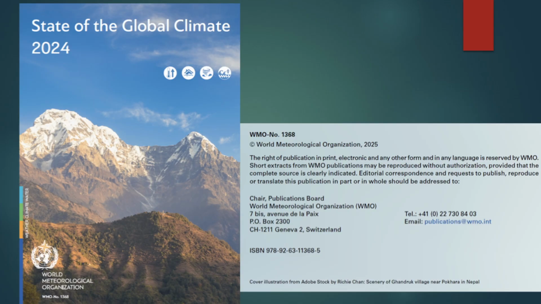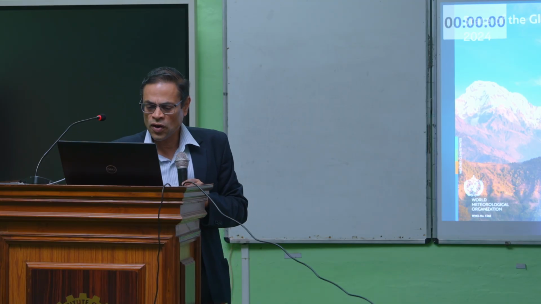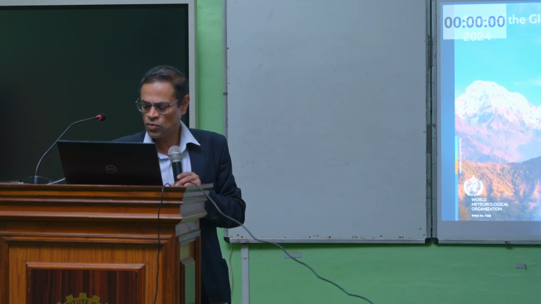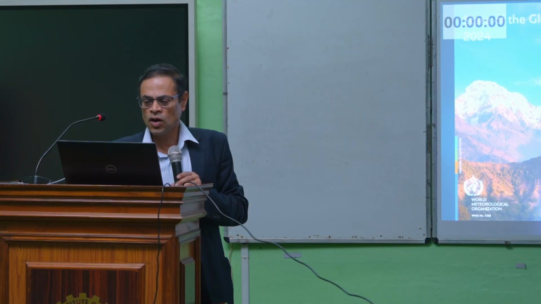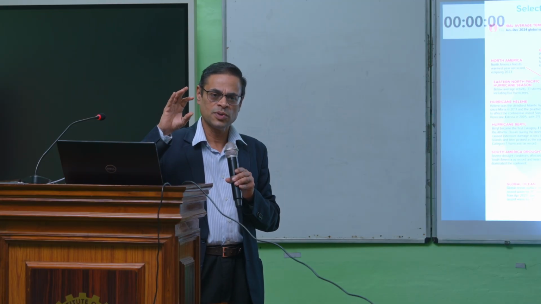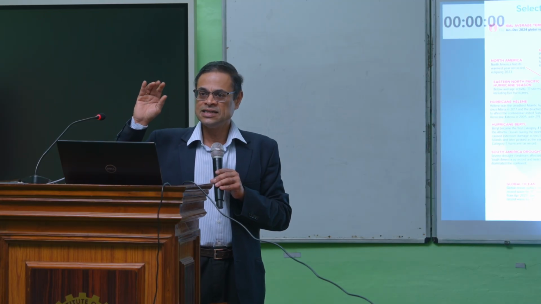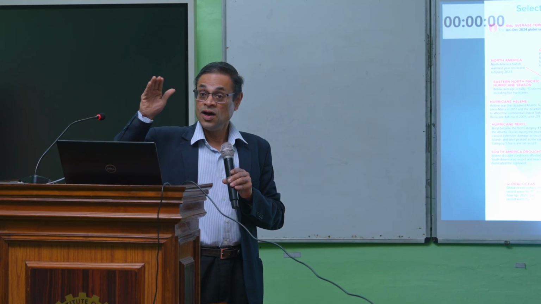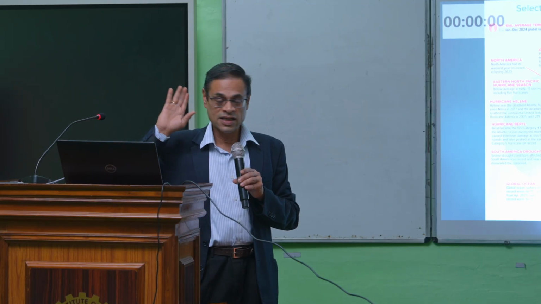I am extracting all this information from a report. It's actually from the Global Climate Report, but I will also show you an interesting video about one example of what I'm talking about with respect to ocean heat content and sea ice, and then Arctic ice melt, Antarctic ice melt, and all that.